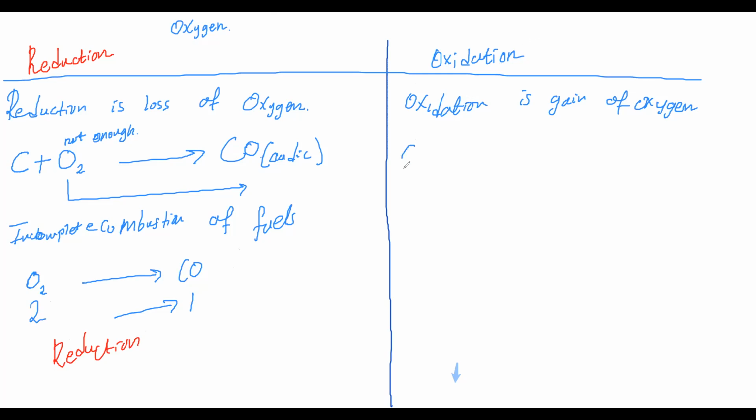Rather, we can have a similar reaction. Carbon plus oxygen. In this case now, this is enough supply. As long as there's enough supply of oxygen, we are going to completely burn the carbon, and then we produce carbon dioxide.